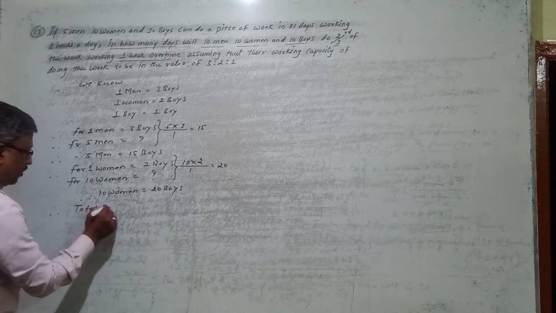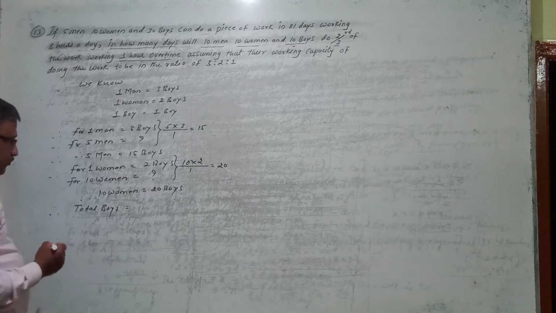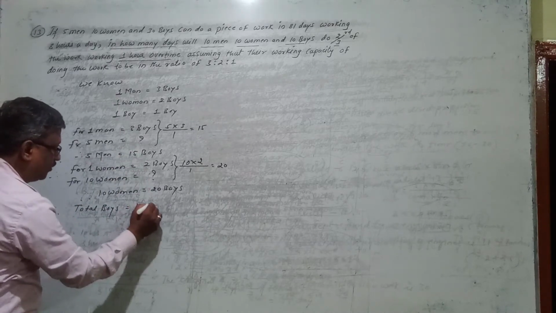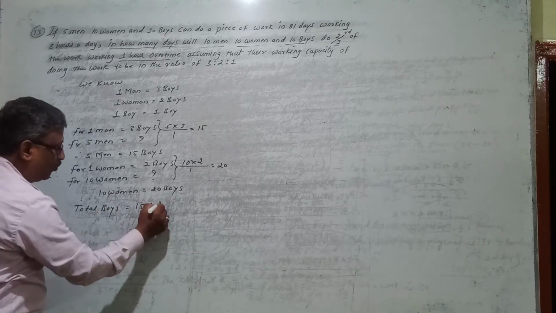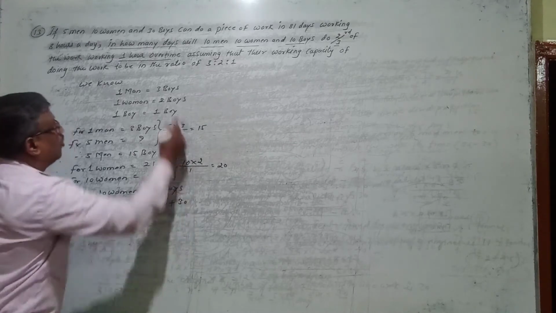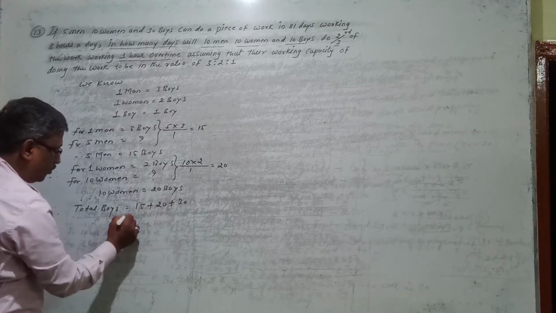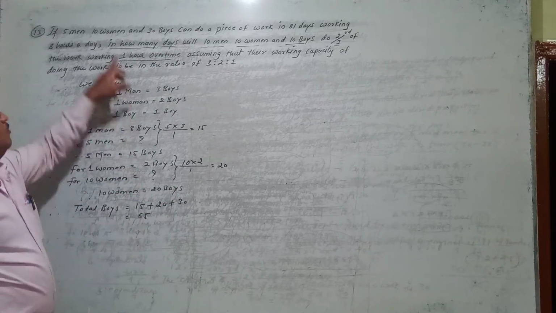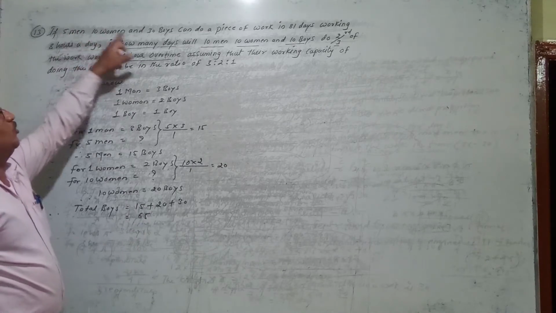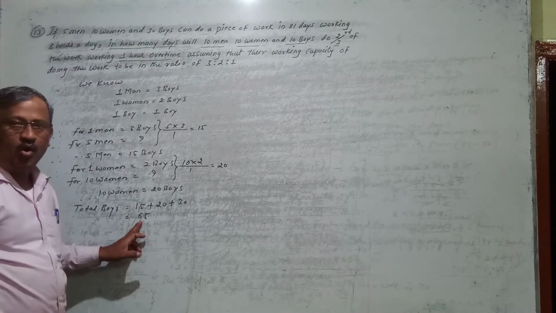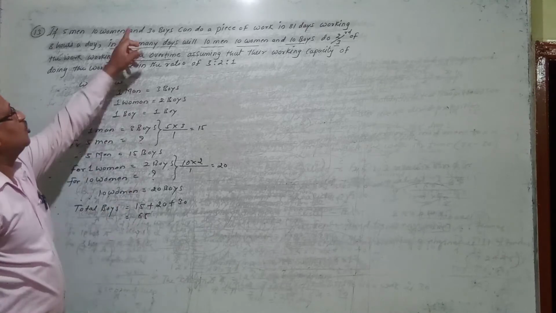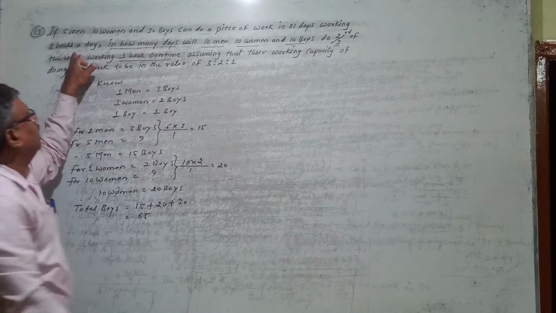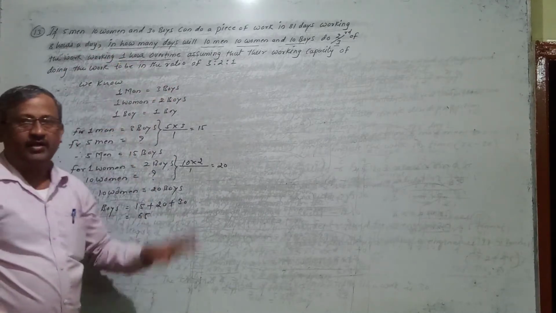In place of 5 men we employ 15 boys, in place of 10 women 20 boys, and in place of these 30 boys 30 boys. In all, we have 65 boys. It means that instead of employing 5 men, 10 women and 30 boys, you have to employ 65 boys. Means 65 boys can do a piece of work in 81 days, working 8 hours a day. That is the meaning.